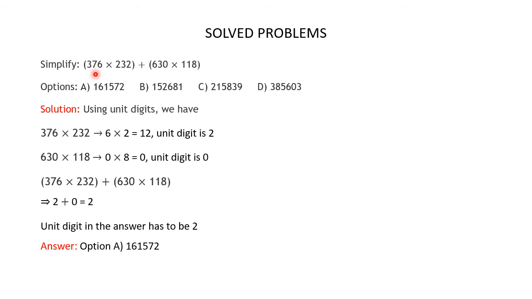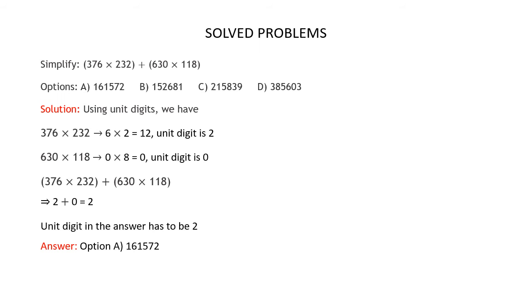Simplify 376 multiplied by 232 plus 630 multiplied by 118. You are given 4 answer options and you have to find out which of these is the correct answer option. You can simplify this expression using the unit digit method and by following the BODMAS rule.